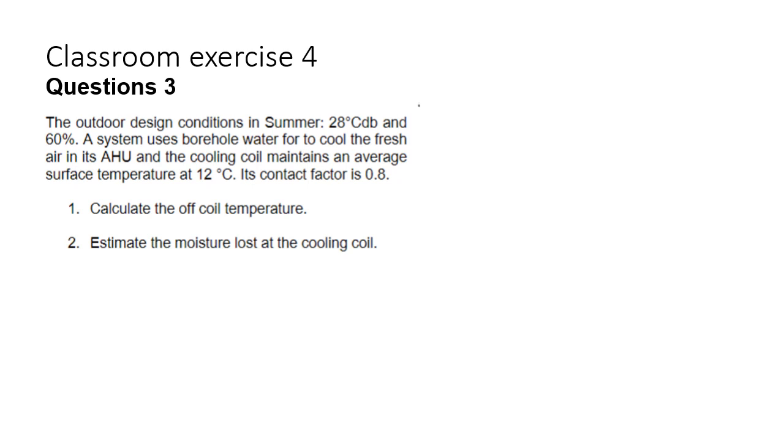And also not only the temperature drop, but there's a loss of moisture, and we need to calculate how much. This is slightly more difficult than the previous one because it involves sensible heat and also latent heat, not only temperature drop but also moisture content lost.